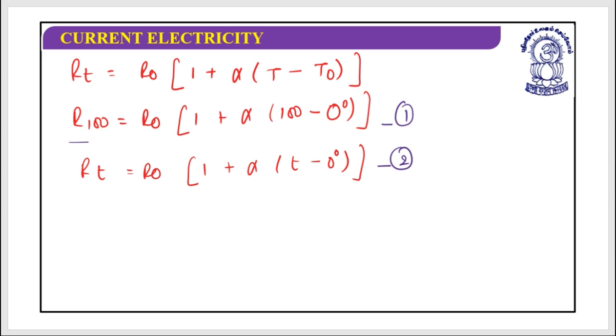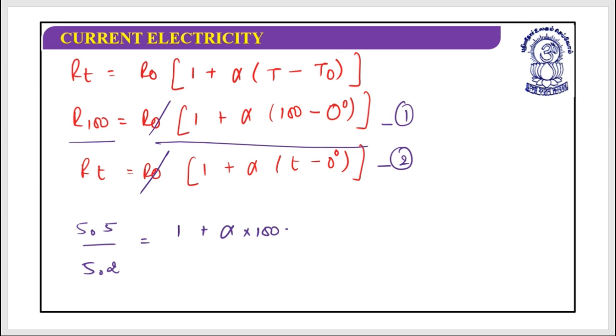If I take a ratio of these two relations, this R naught has gone. Now I have R at 100 degrees Celsius, which is 5.5 ohm, over R at T degrees Celsius, which is 5.2 ohm, equal to 1 plus alpha into 100 divided by 1 plus alpha into T. Yes, is it clear?